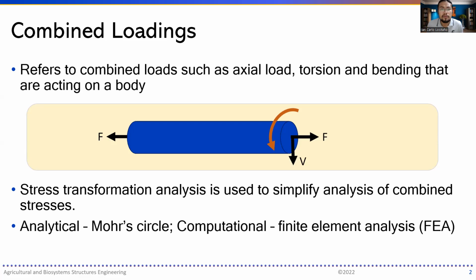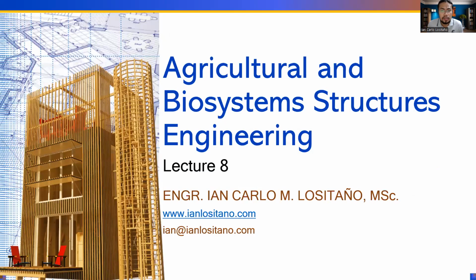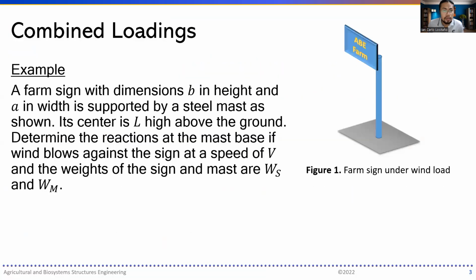Now, previously there was an example on a farm sign, and it was solved in variables, because the given loads acting on the structure were defined as variables.